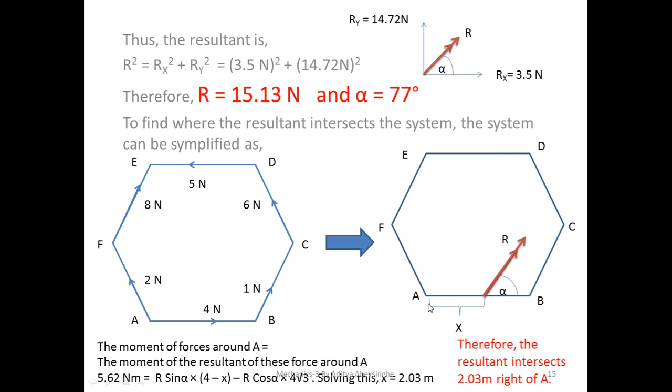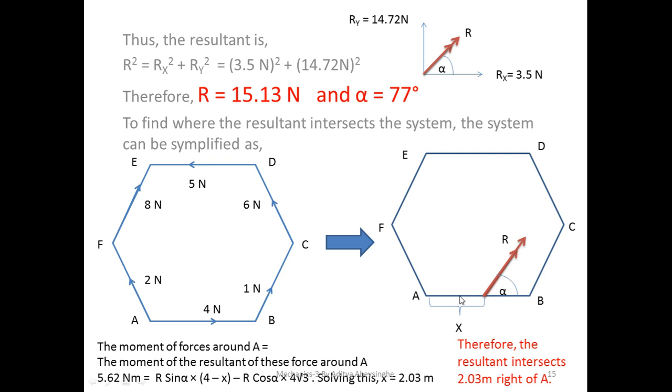If I know the value of ry, I can calculate the distance where this r value intersects this system. So r sin alpha, I have found that to be 14.72 newtons, and that is equal to ry, and that multiplied by x should be equal to 5.62 newton meters. So solving this, we can get that x is equal to 2.03 meters.